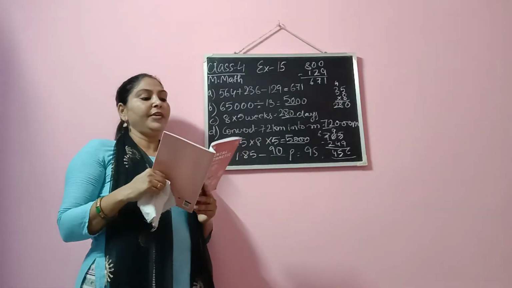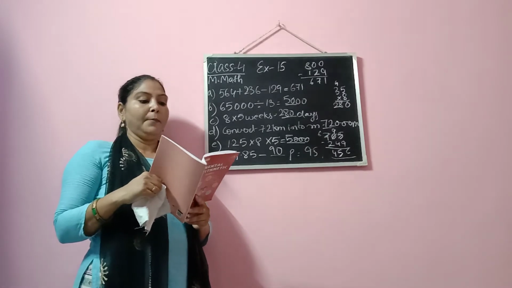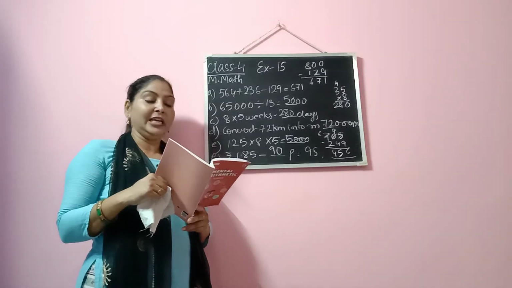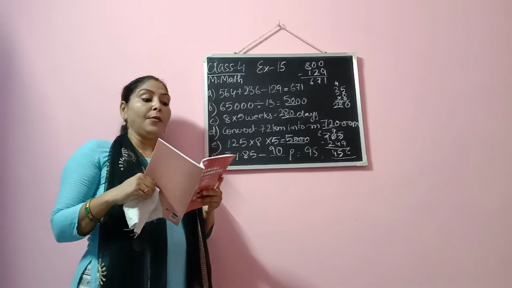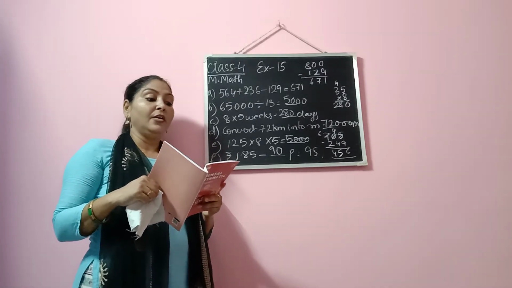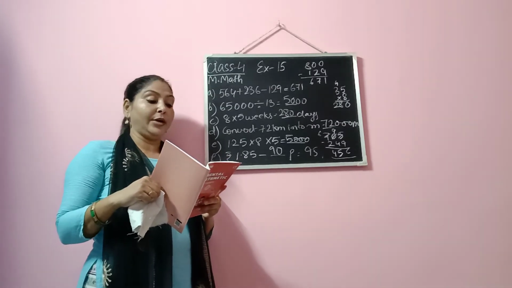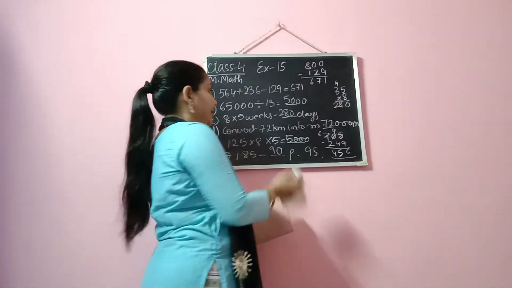So what we have to do is: 124 plus how much, when we subtract 150, is equal to 0. So we have to add such a number which will make 150 from 124. So in 124, what to add to make it 150?